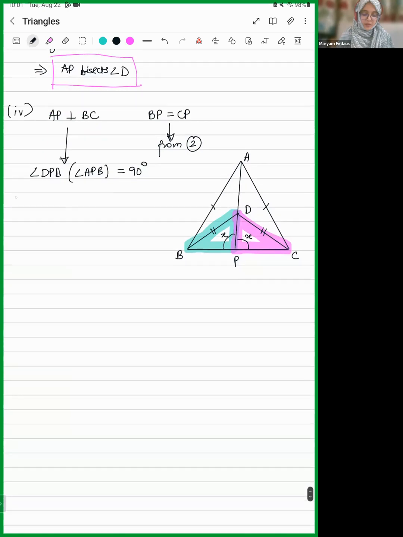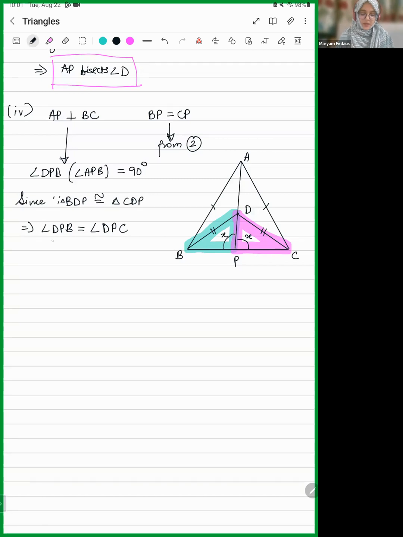Okay. So we have shown, let's write it like this. Since triangle BDP is congruent to triangle CDP, that means angle DPB, which is this one, which I have marked as x, is equal to angle DPC.